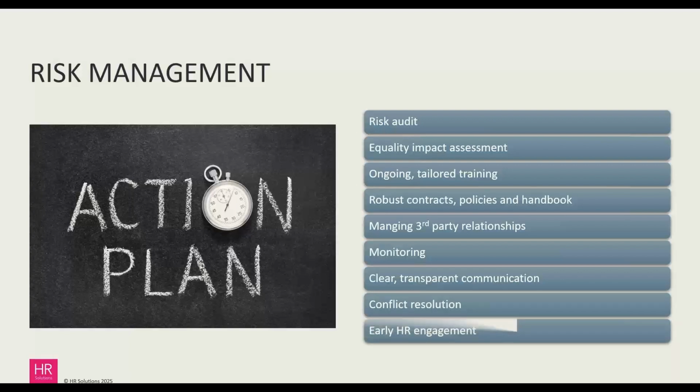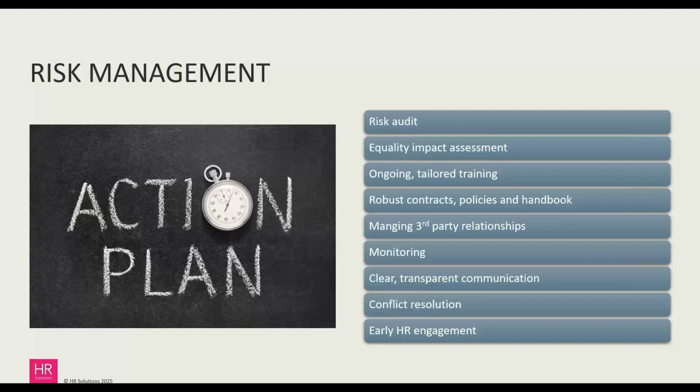And I guess I can't not include early HR engagement. I may be biased, because as a HR professional, I can't tell you how vital it is to seek out early HR engagement and advice when managing a situation. It's crucial because it ensures all actions that are taken from the moment a potential dispute arises are legally sound and well documented.